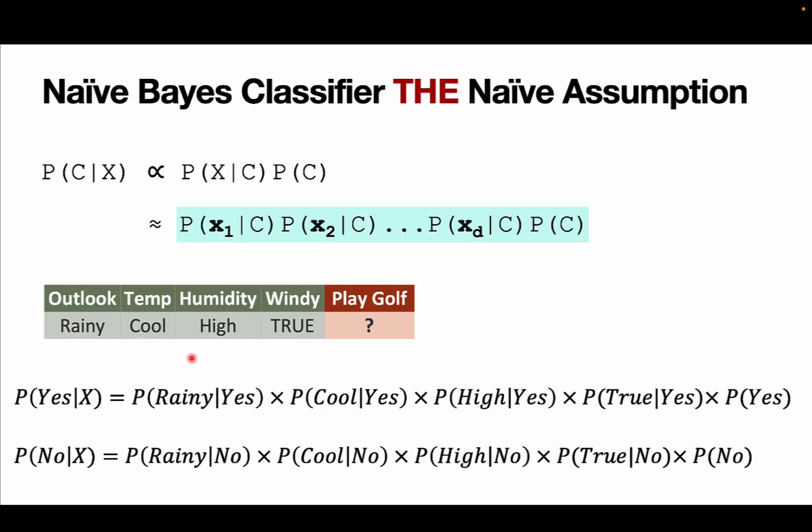Here's an example to show the formula of computing the Naïve Bayes classifier. This is an example from the Play Golf dataset.